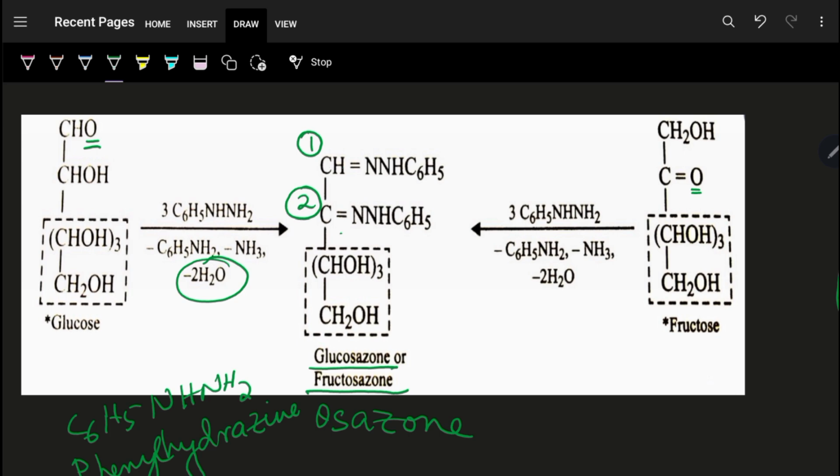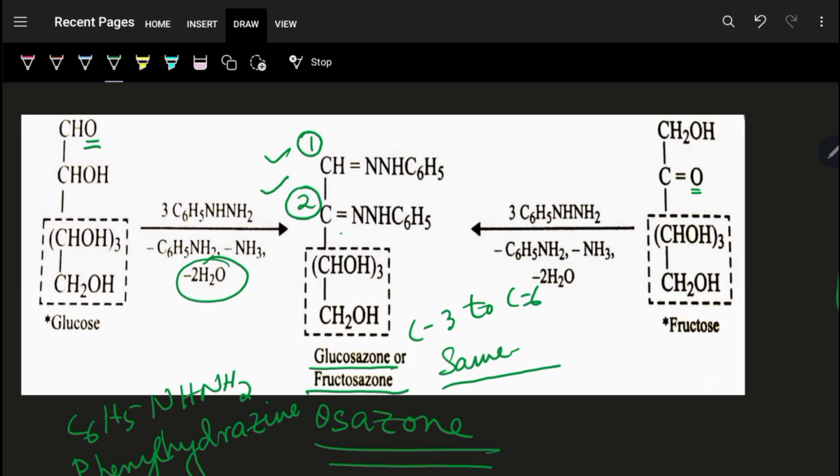So the configuration at C1 and C2 in the osazone remains the same whether you start from glucose or you start from fructose. So you get the same structure of glucosazone and fructosazone. Moreover, the structure of C3 to C6 remains the same for glucose and fructose. So what will be your answer?